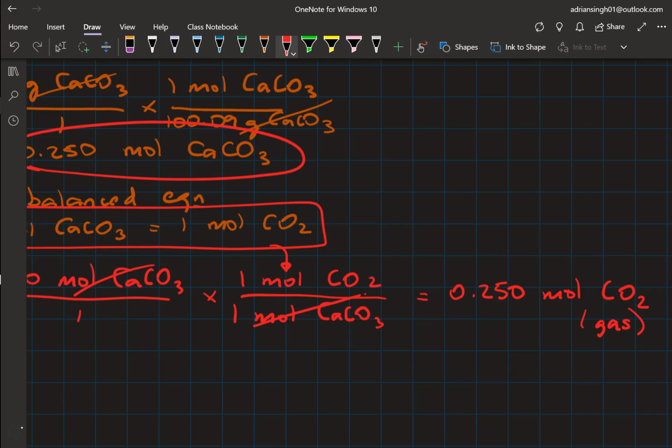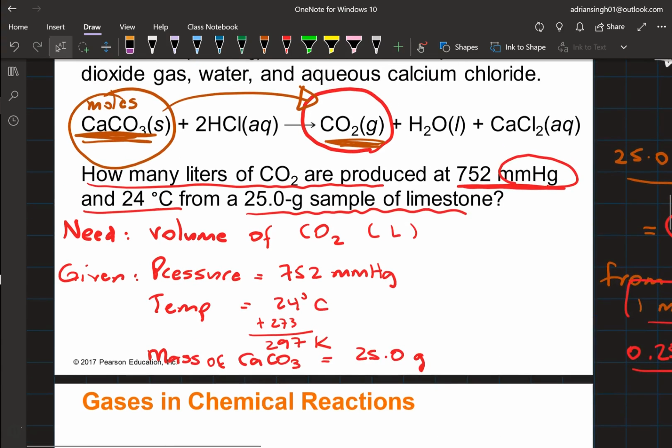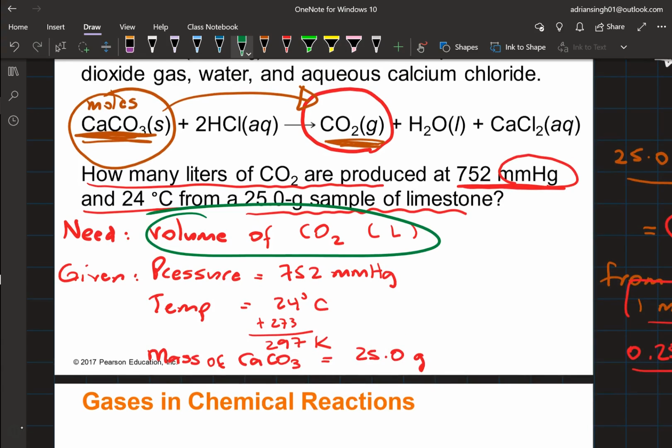Okay, so we get the moles of carbon dioxide. What we needed to find here is the volume of CO2, right?